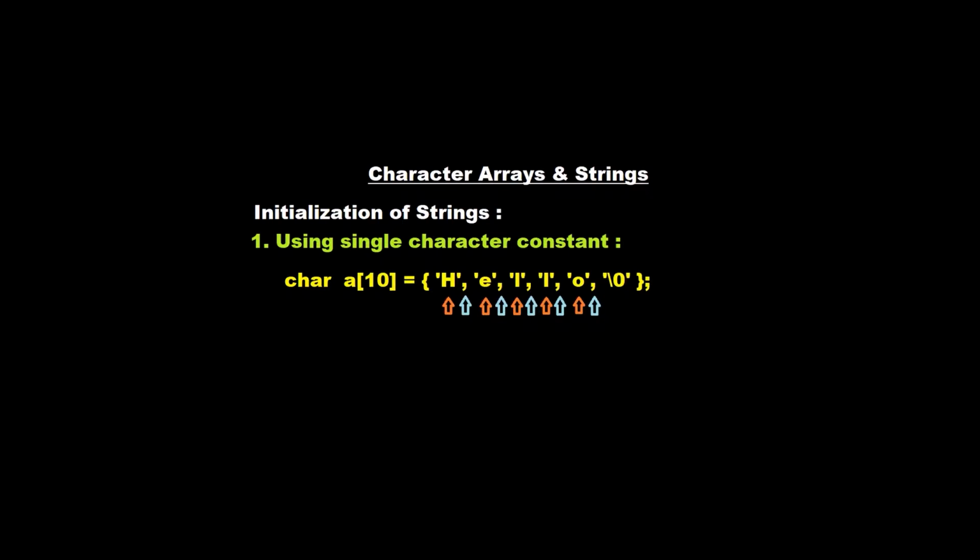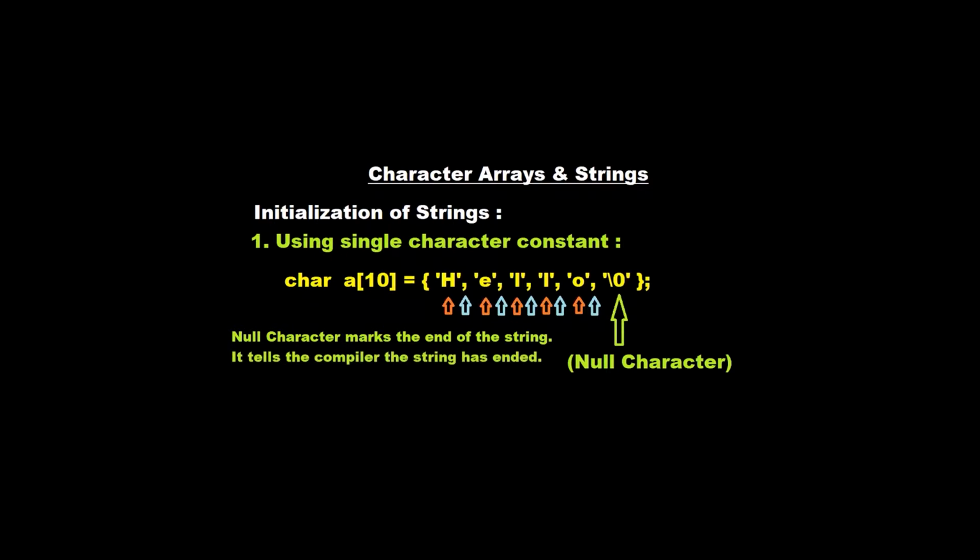And finally, at last, we have backslash zero inside quotes. This is known as the null character. This null character marks the end of the string. It tells the compiler that the string has ended. So this is the first way of initializing strings, using single character constants.